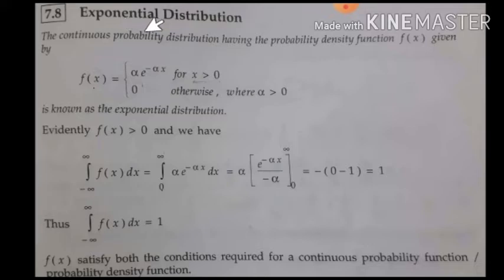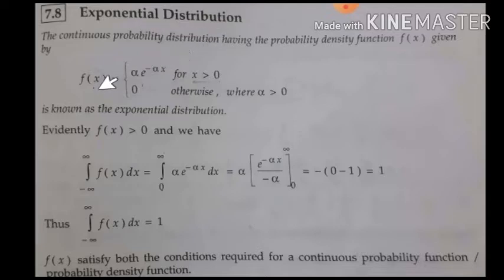In the previous class, we studied binomial and Poisson distributions, which come under the discrete probability distribution type. Now, the exponential distribution comes under the continuous probability distribution.